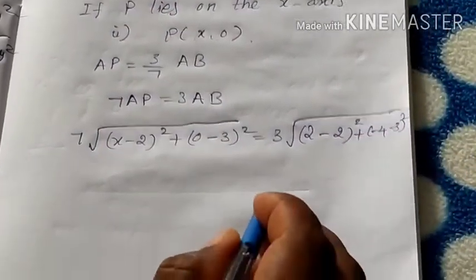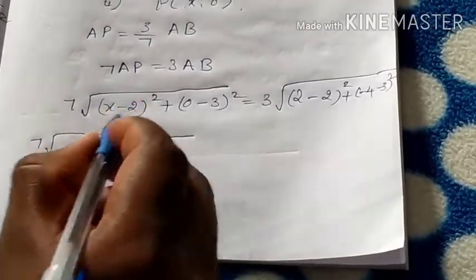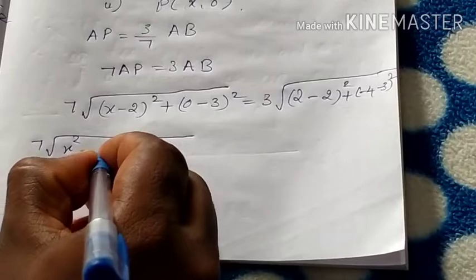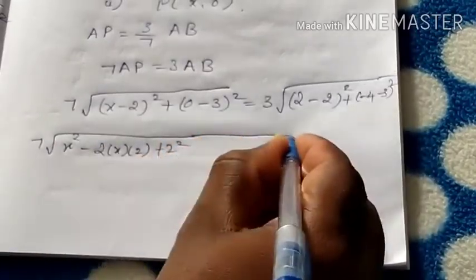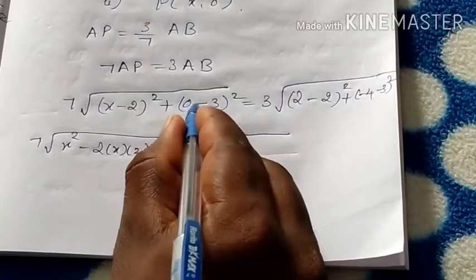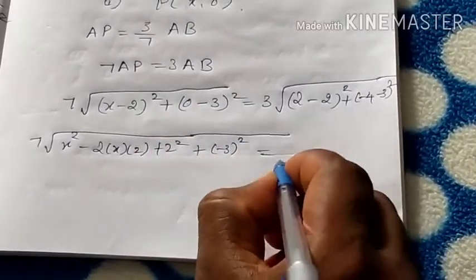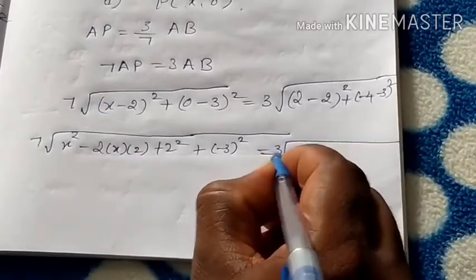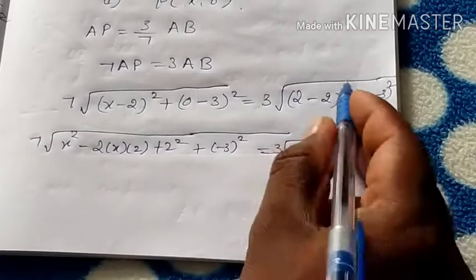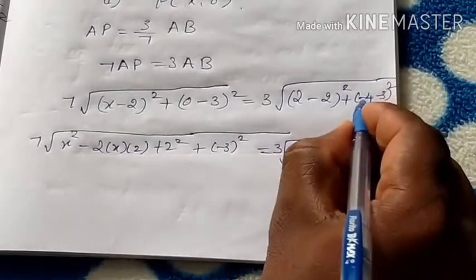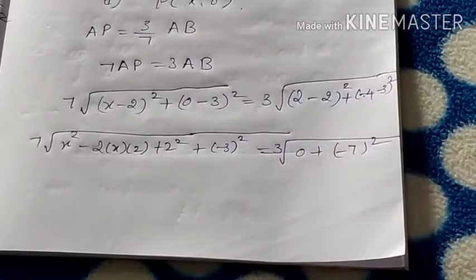Okay, 7 into square root of (x - 2) whole square, so x squared minus 2·2·x plus 2 squared, plus (0 - 3) is -3 whole square, which is equal to 3 into square root of, the RHS side, 2 minus 2 is 0, 0 squared is 0, plus (-4 - 3) totally -7 whole square.